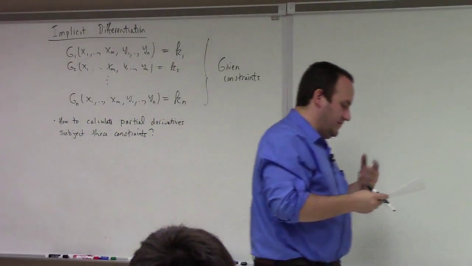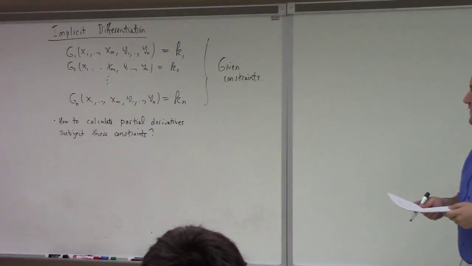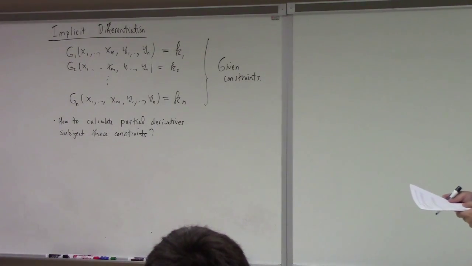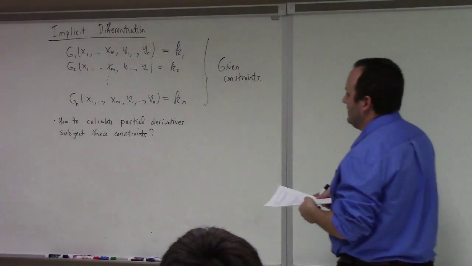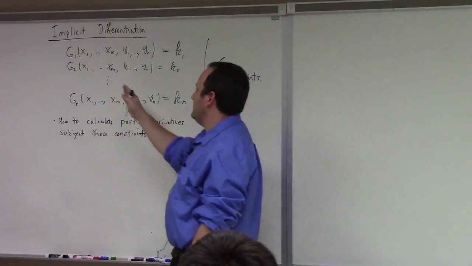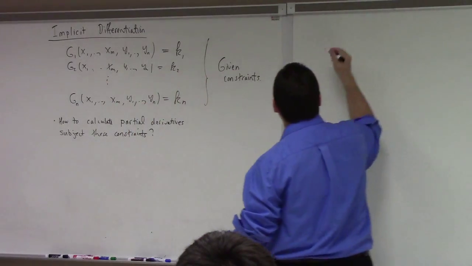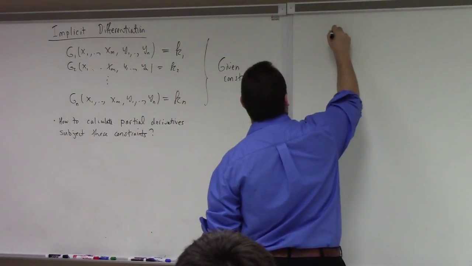So let me just walk you through the general derivation for a second. The way to think about this in terms of just straight computation is I just take the total differential of each equation. When you think about the total differential, you can think of it in a formal sense as, let me just write down the total differential of g1 and you'll see what I'm talking about.